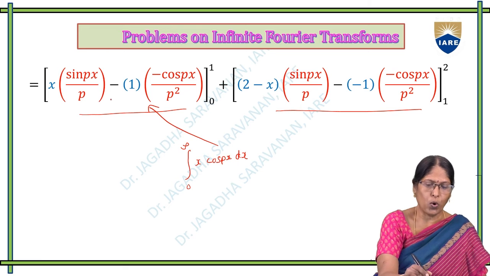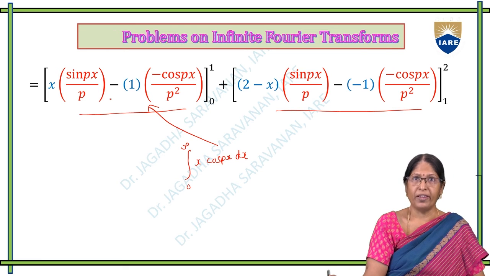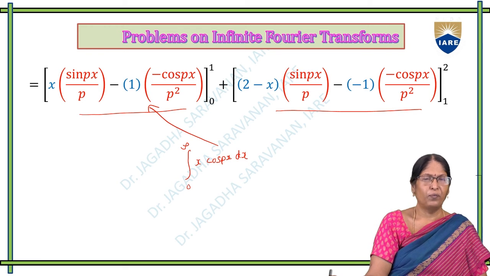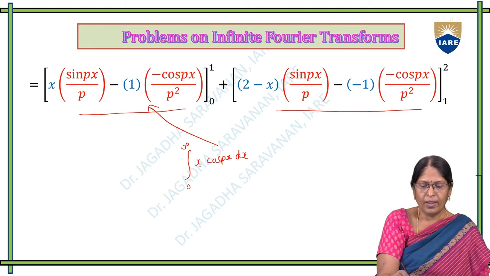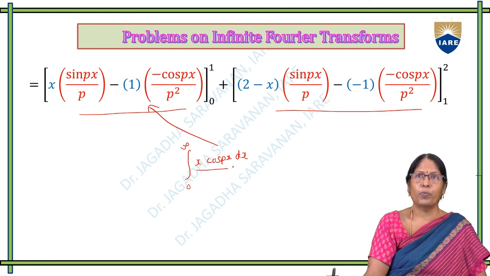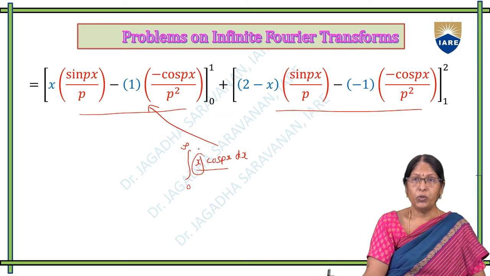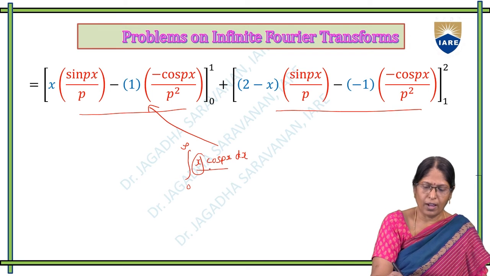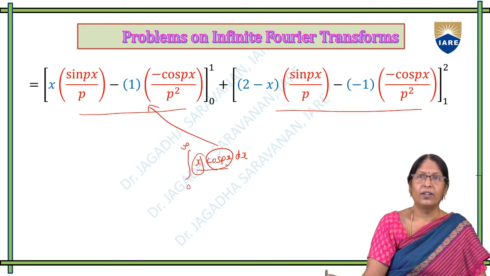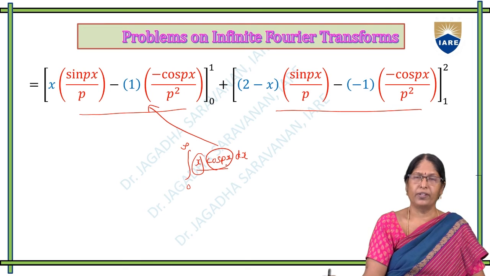How did we obtain this result? Very simple way. In this x cos px, x is algebraic oriented, cos px is trigonometric oriented.